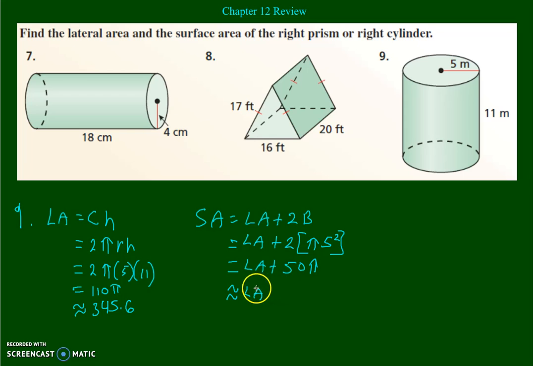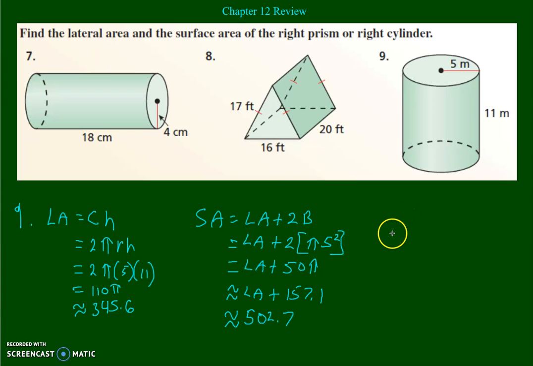Lateral area, and we're going to use the stored value, plus 157.1. This gives us an approximated value, 502.7. And that's problem 9.